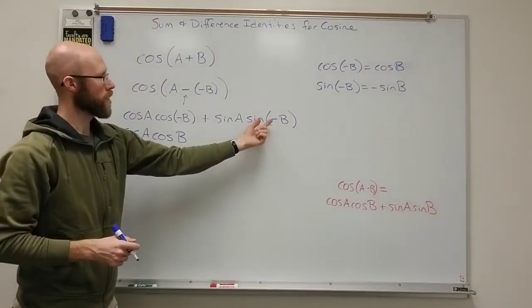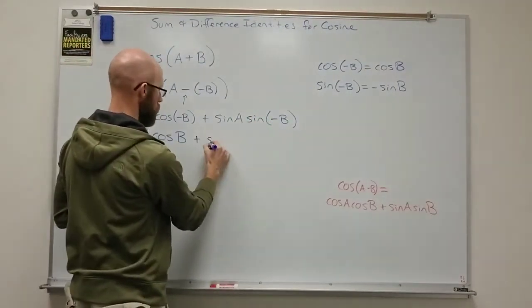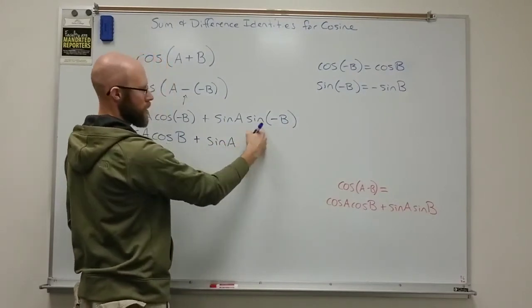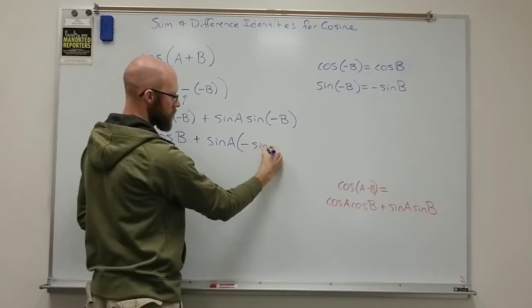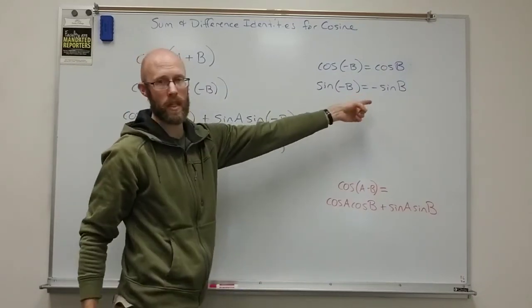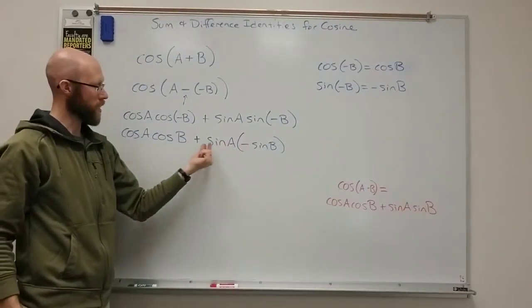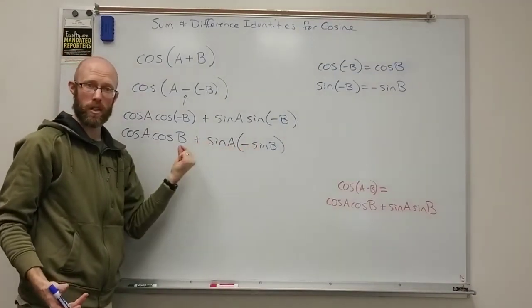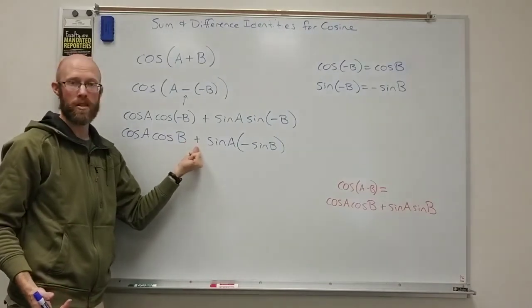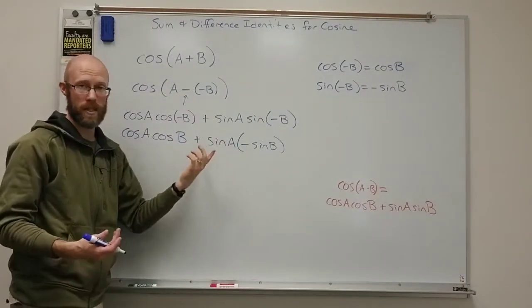And so if I'm multiplying, instead of by sine of negative b, by the negative sine of b, which is the equivalent, a positive times a negative is negative, and so I can just move that negative and replace the plus here with the minus.